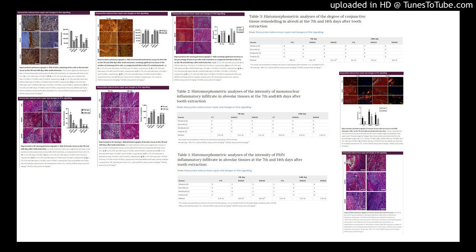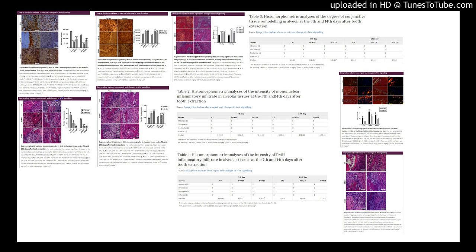On the 14th day after surgery, all three groups exhibited a significant decrease in the intensity of mononuclear inflammatory infiltrate: CTL, median 3, 3-3, DOX10, median 1, 0-1, and DOX25, median 1, 0-1. Table 2. Histomorphometric analyses of the intensity of mononuclear inflammatory infiltrate in alveolar tissues at the 7th and 14th days after tooth extraction. Full-size table.